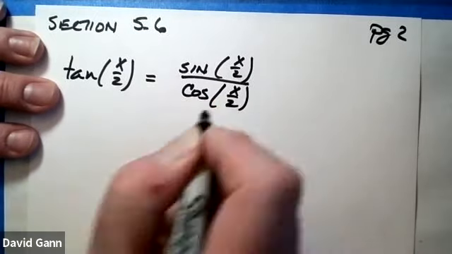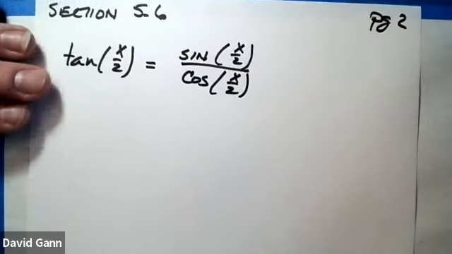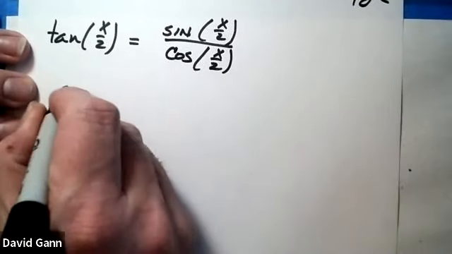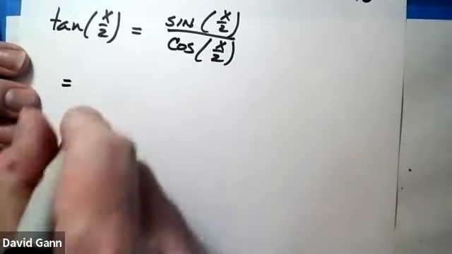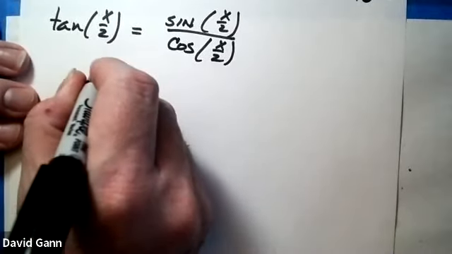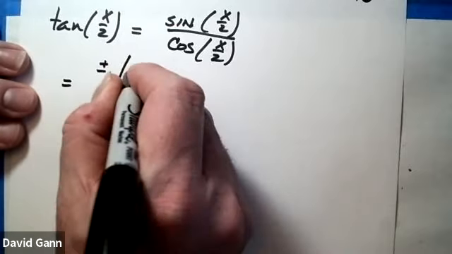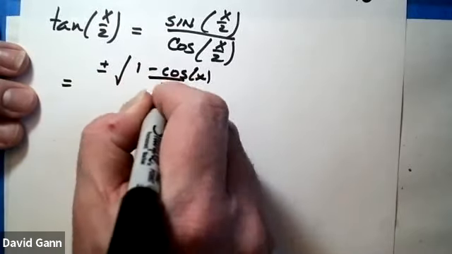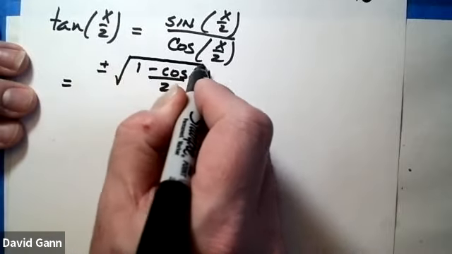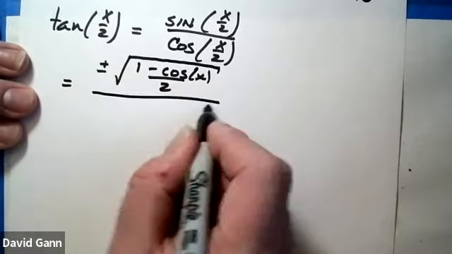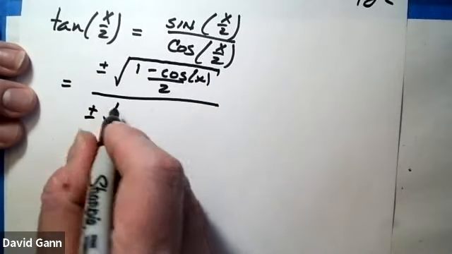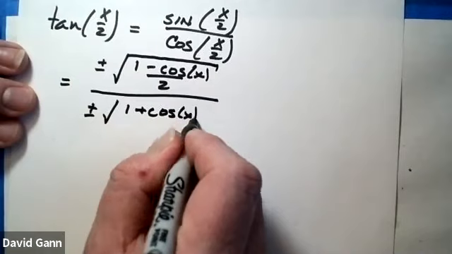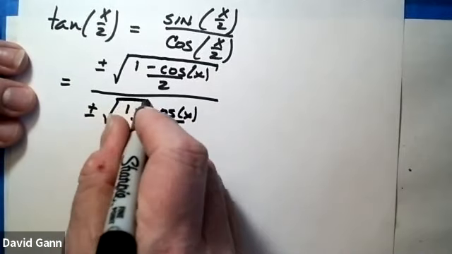This is just a quotient identity. And then we just substitute in what we had before. So in the numerator we have plus or minus the square root of 1 minus cosine of x over 2, over plus or minus the square root of 1 plus cosine of x over 2.